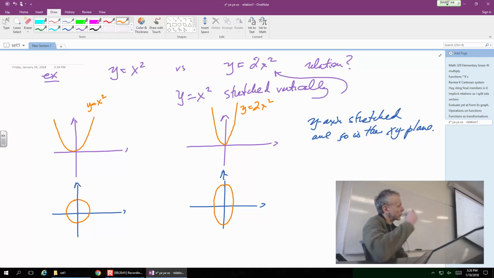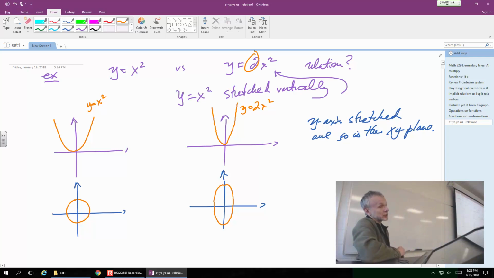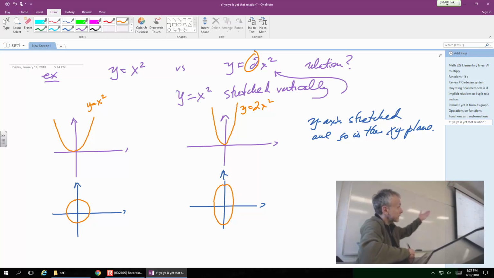I just want you to see that once again, some of the transformations you saw in pre-calculus, but maybe not looking as deeply into what's going on. But once you think about functions as transformations, then this is the transformation. So this multiplication by 2 over here stretches the y-axis vertically, and therefore stretches the whole plane vertically, and that's the effect that you saw.